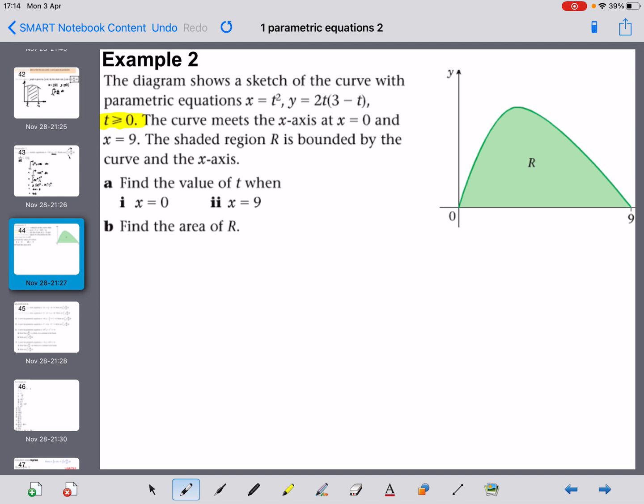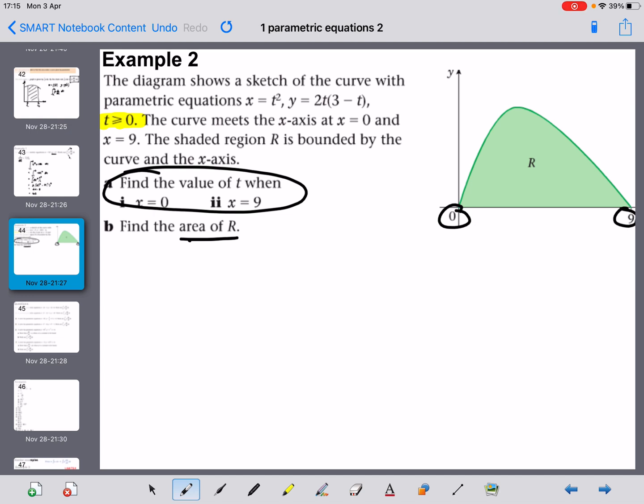Had that not been there, we would have had to do that anyway, because to work out the area of R, we're going to use the parametric equations and we'll end up with a function in terms of t. So we need to know the t values at 0 and at 9.